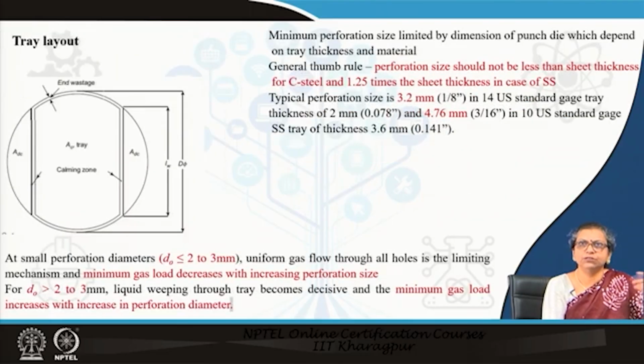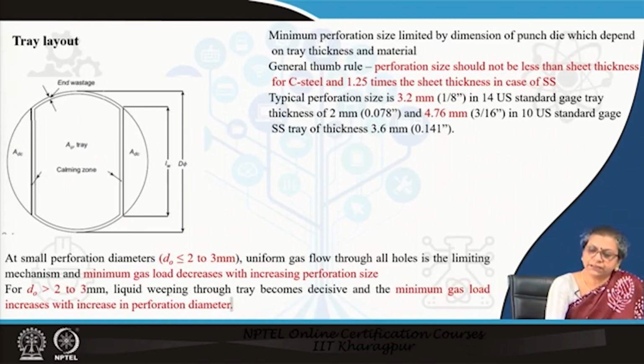Keep in mind that the minimum perforation size in that case is limited by the dimension of the punching die, and that depends upon the tray material and the tray thickness. Normally, we adopt either carbon steel or stainless steel materials.